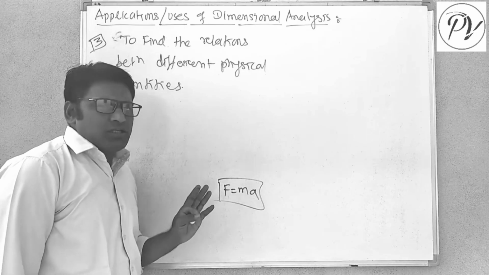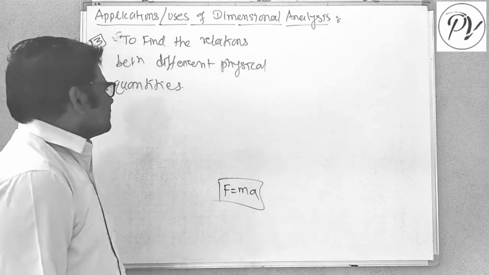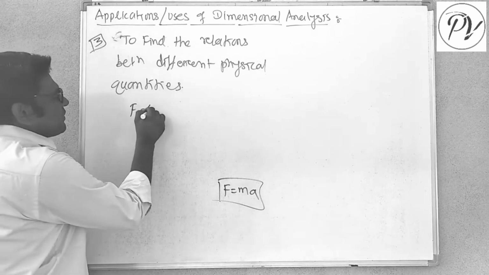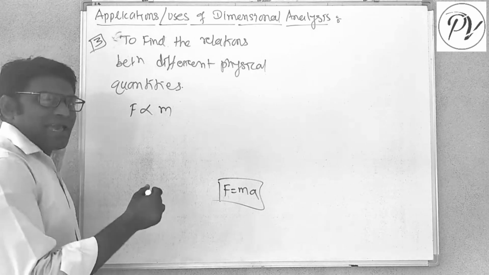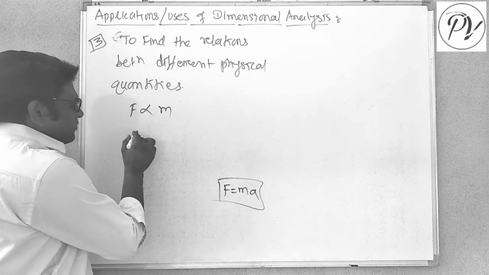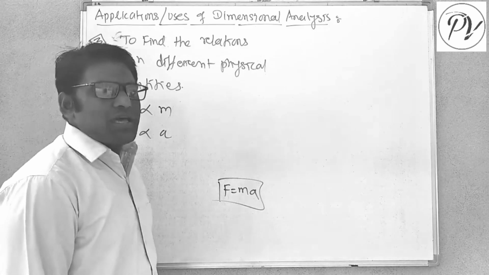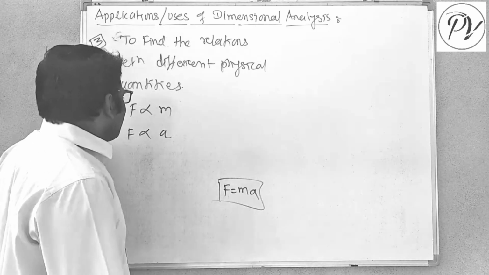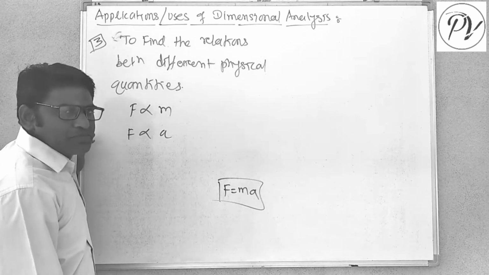Let us assume you don't know this. We want to find it out. But something is given to you: force depends upon mass. Force is directly proportional to mass. Okay, and force is also directly proportional to a. Let us find the relation between these three physical quantities: force, mass, and acceleration.